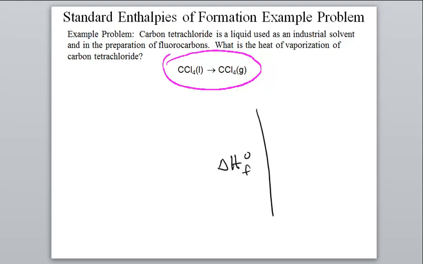You can go to your information packet and find the theoretical standard enthalpy of formation for carbon tetrachloride liquid. It's going to be somewhere on here. When it becomes a gas, what happens to that enthalpy? What's changing is those molecules that used to be pretty close to each other are moving further away.